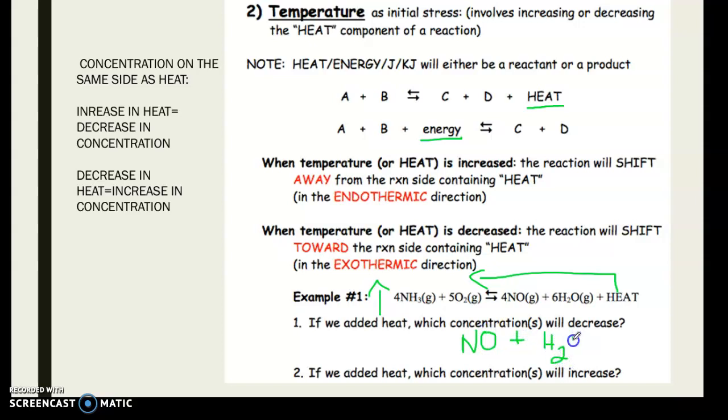Because heat shifted to my reactant side, my NH3 and my O2 have increased, because by shifting temperature there, I have more collisions, and more collisions means more of my reaction.